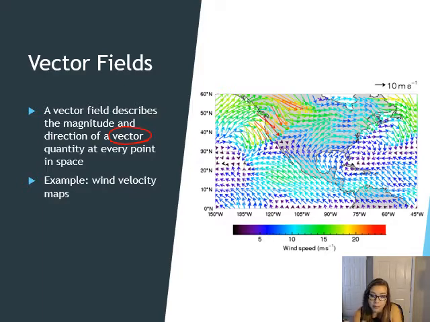Some of them are the same, but it can change. It varies as a function of space. So here, maybe you're watching the Weather Channel and they show you wind velocity. Velocity describes how fast something is moving and in what direction. So this map is showing you the magnitude and direction of the wind velocity vectors at every location in space. So this is a vector field.